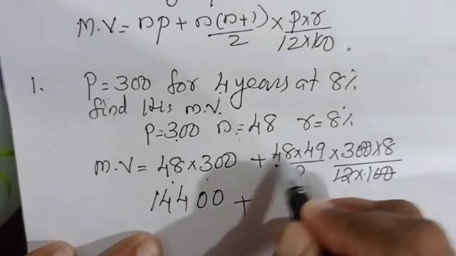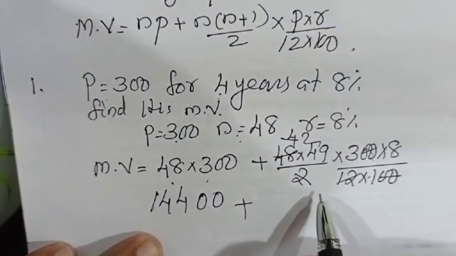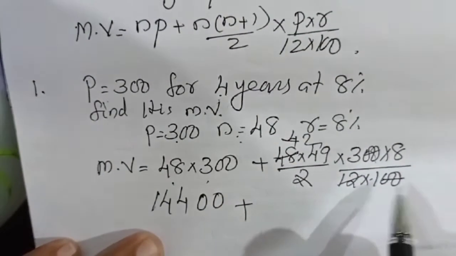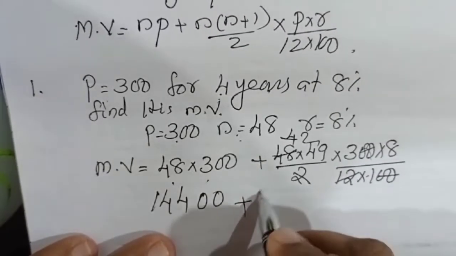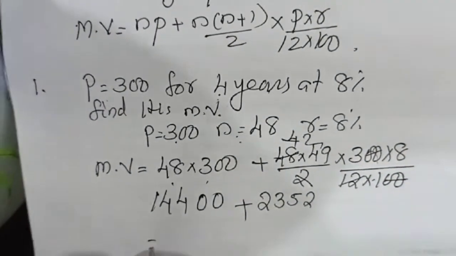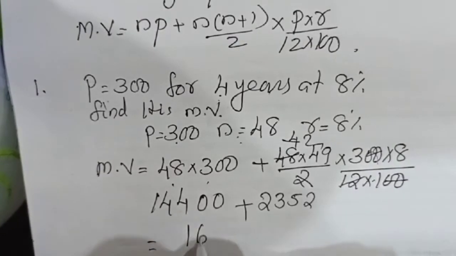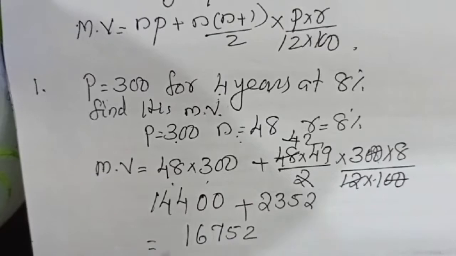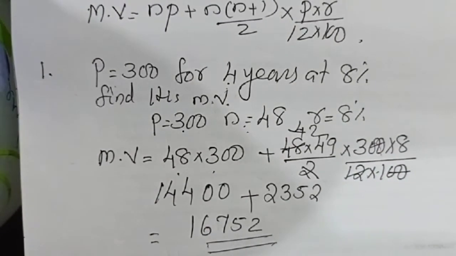Okay, 12 fours are 48. 2 fours 2. Now the denominator, all the terms cancel. Then multiplication, you will get 2352. Therefore, the final answer is 16752. Write the answer. 16752.